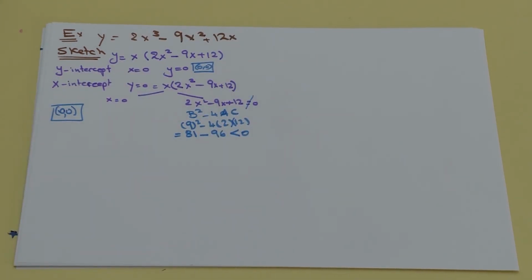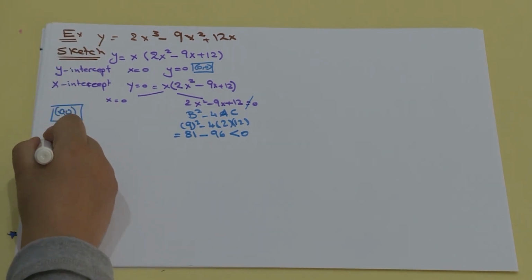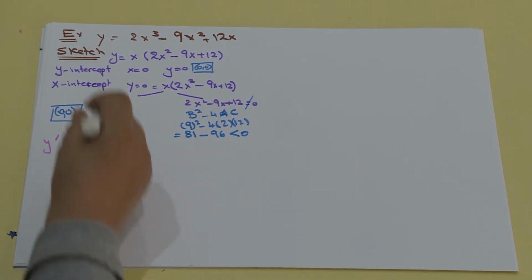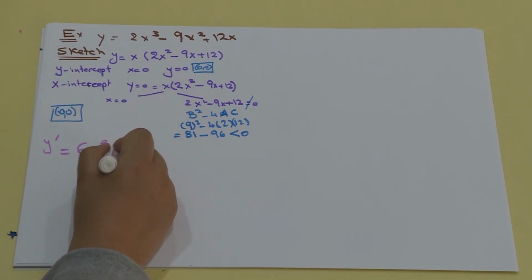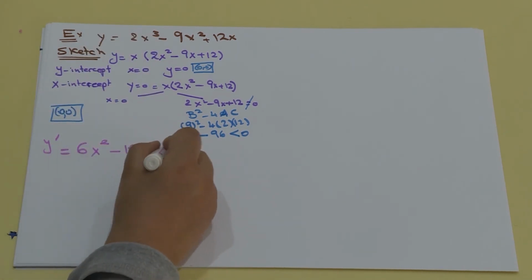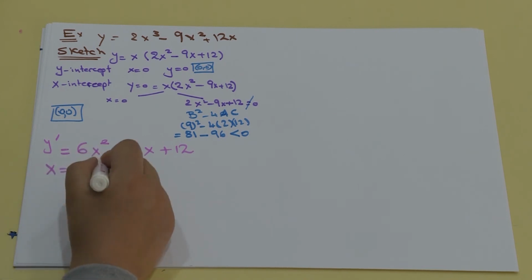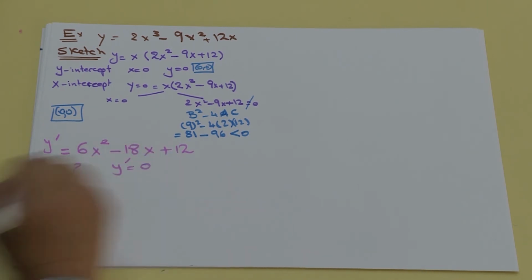Next, we should find the first derivative, because the first derivative helps us to find the intervals on which the function is increasing or decreasing. Also, it helps us to find the critical values and the relative extrema. Okay, so we take y prime equals 6x squared minus 18x plus 12, differentiating here. What are the values of x which will make y prime equal 0?